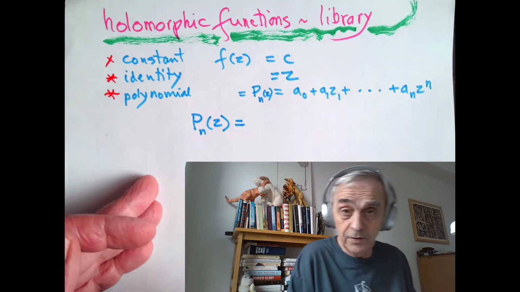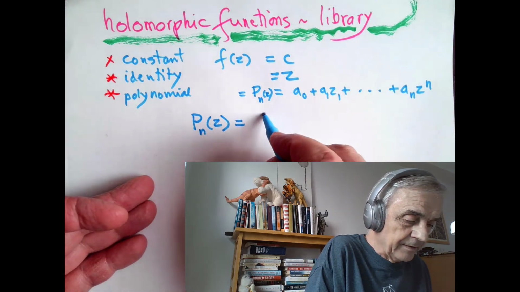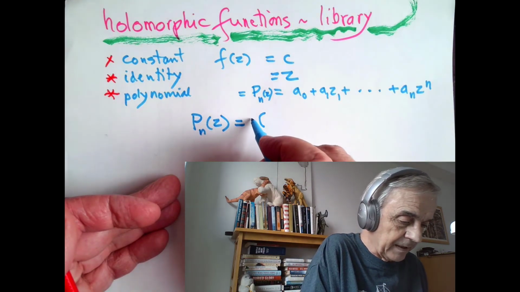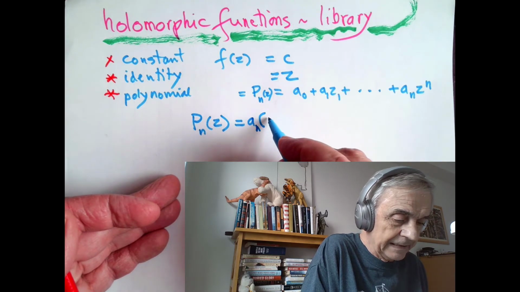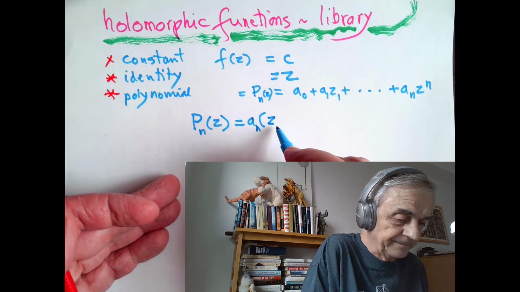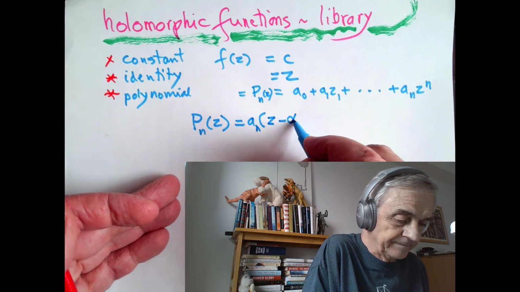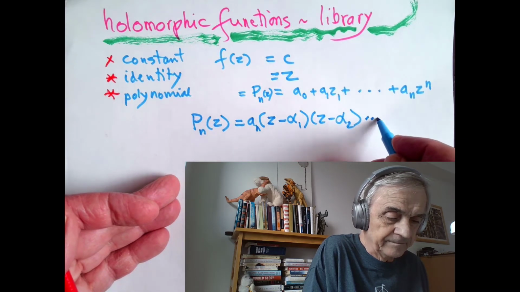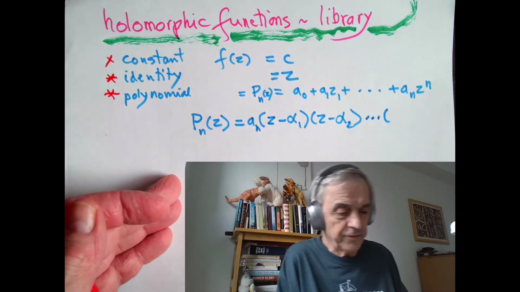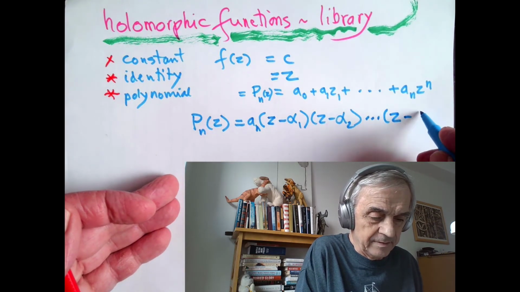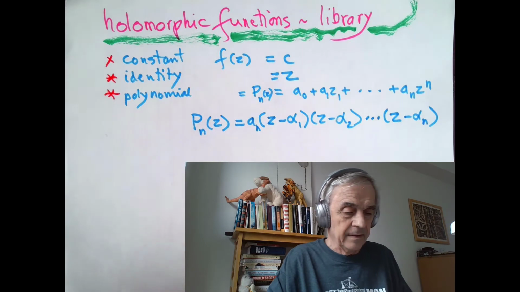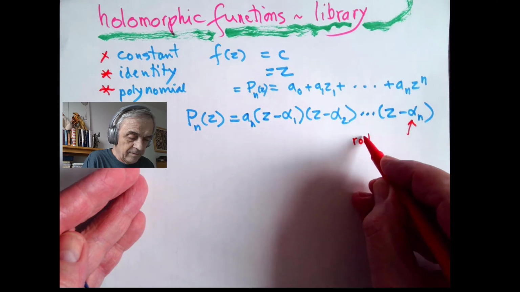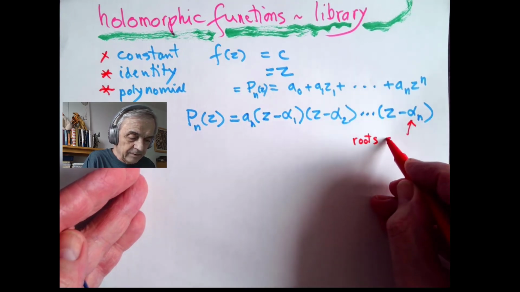Whenever you have a polynomial of order n, you can always write it as some kind of constant in front and then the product of n roots, z minus the roots, where the roots are complex numbers.